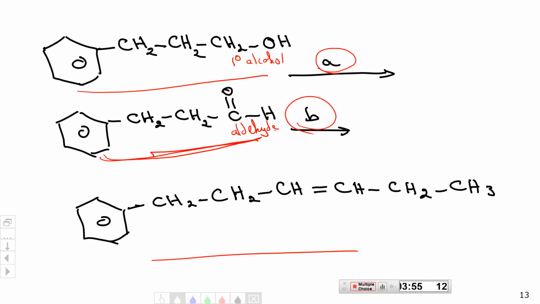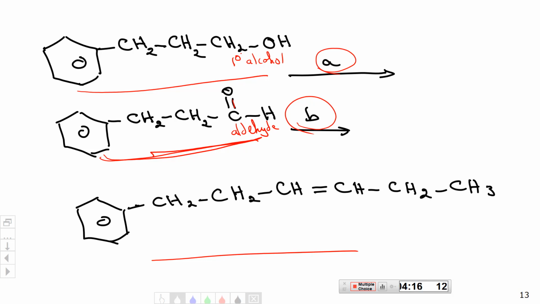Because if there is a change in the number of carbons, that's something else. But there is no change in the number of carbons. I'm adding double bonds to the oxygen, that's oxidation. So using chromium trioxide or sodium dichromate will take a primary alcohol all the way to carboxylic acid. So I can't use those.